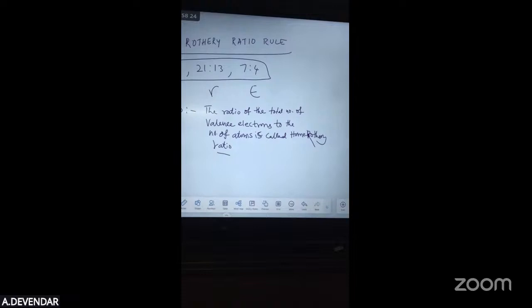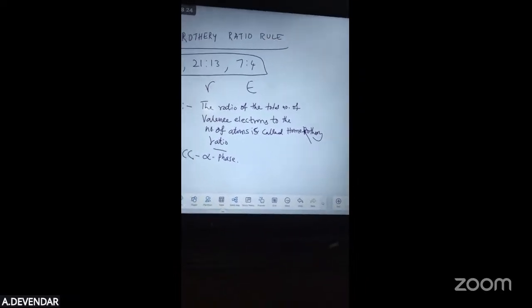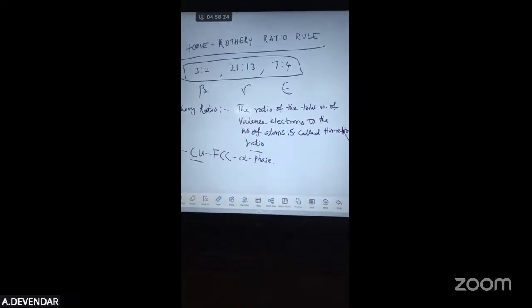Suppose you take the best example, copper. Copper is a pure metal. Pure copper has a face-centered cubic lattice structure. This is the alpha phase. Try to understand here, the simple logic of the Hume-Rothery ratio.